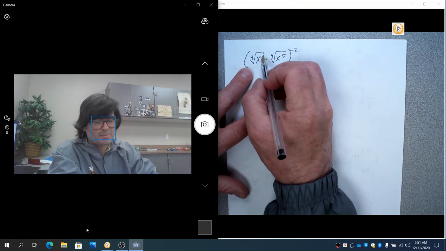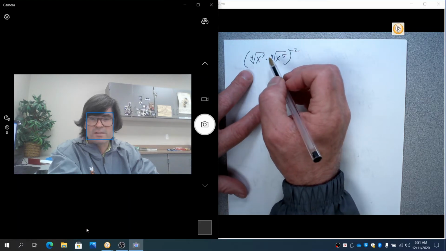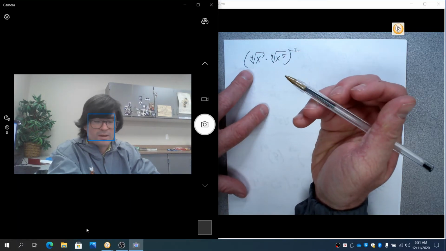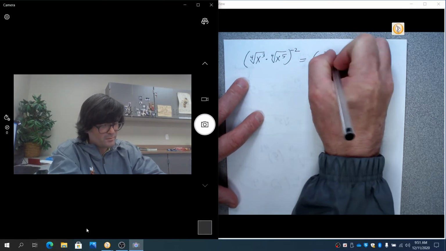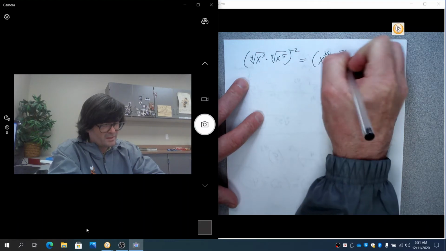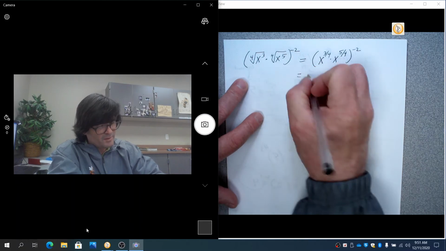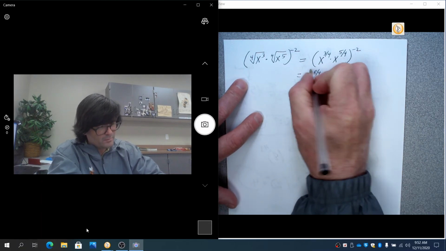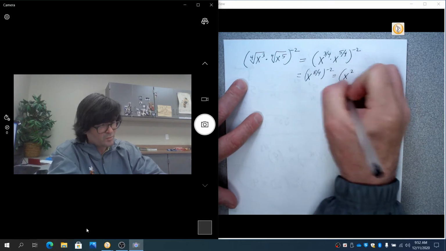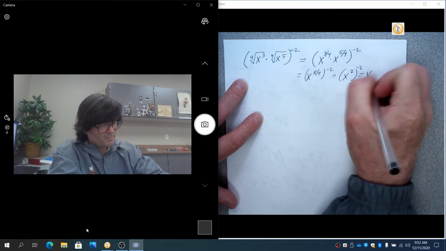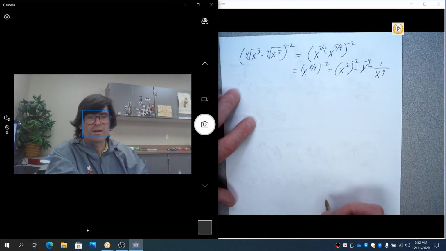You could write this as an exponent 3/4, 5/4. If you take 3/4 and 5/4, you get 8/4. This is one option here. You could write this as x to the 3/4 times x to the 5/4, to the negative 2 power. That is x to the 8/4 to the negative 2 power. X squared to the negative 2 makes x to the negative 4, which is 1 over x to the 4th. So that's one option available to you.